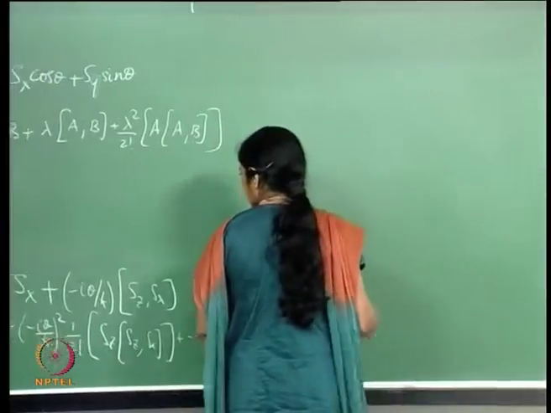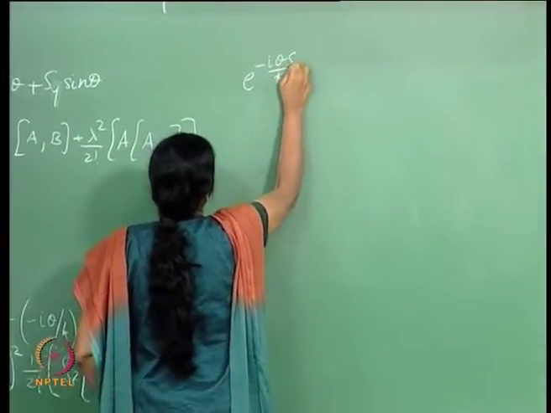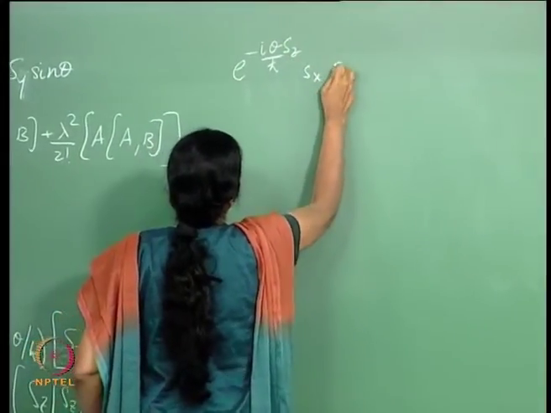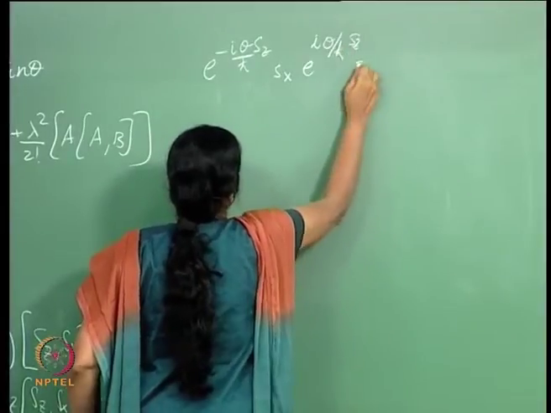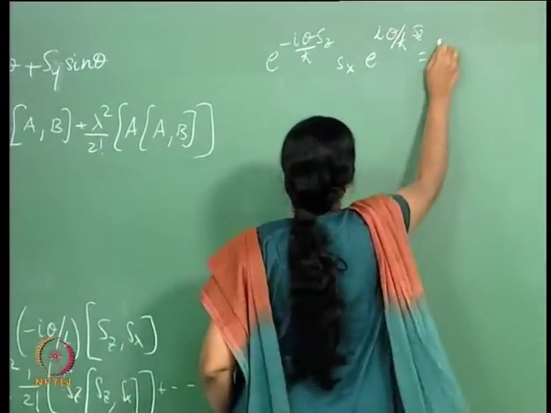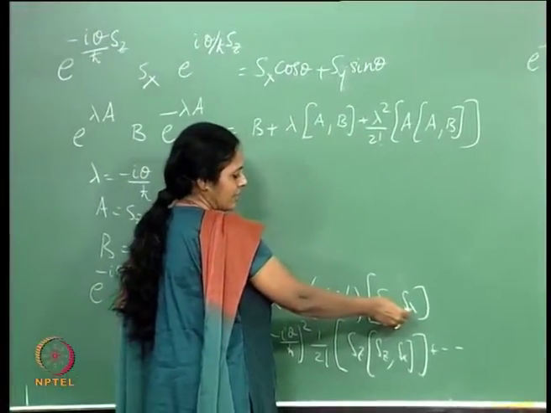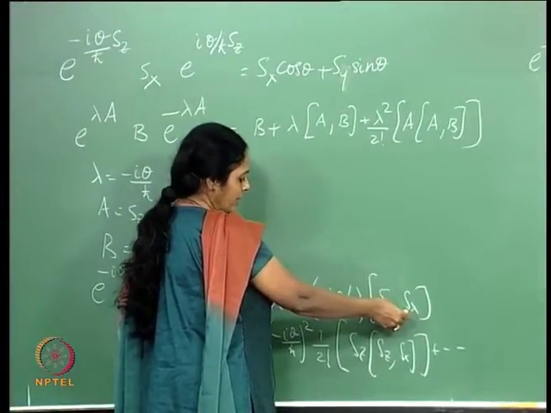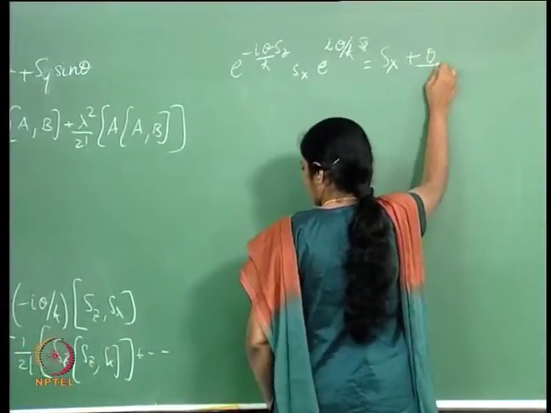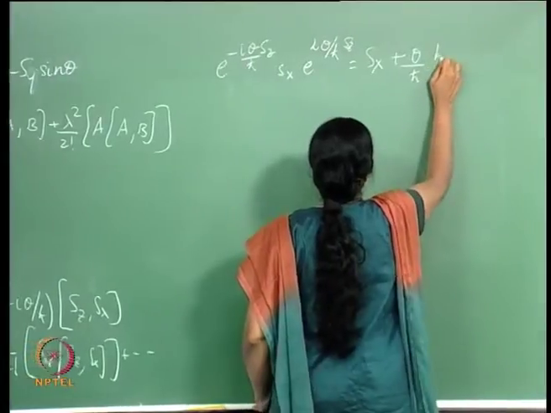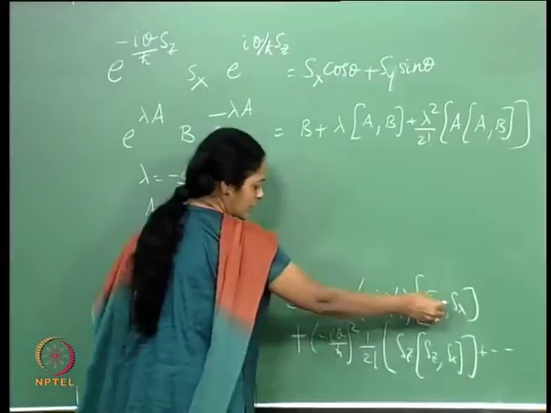e to the minus i theta by h cross S z, S x, e to the i theta by h cross S z is equal to S x. The commutator of S z with S x is i h cross S y, so that gives me plus theta by h cross S y. So that is what I get from this term.